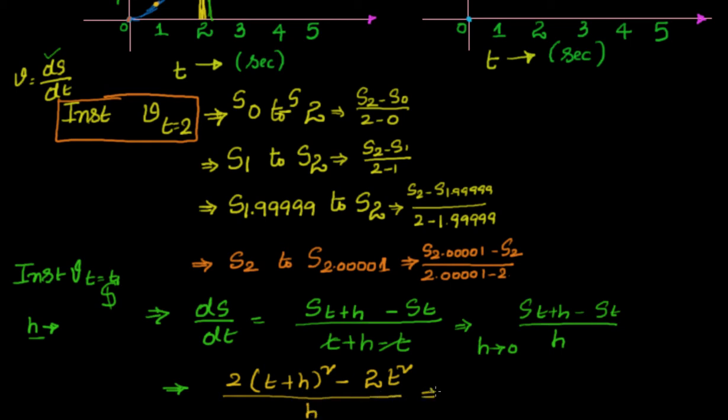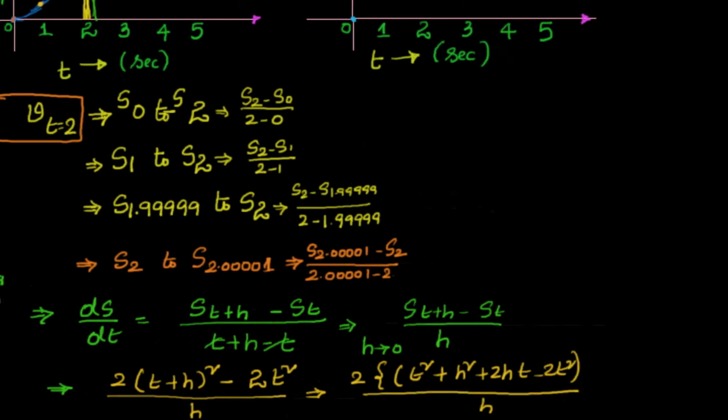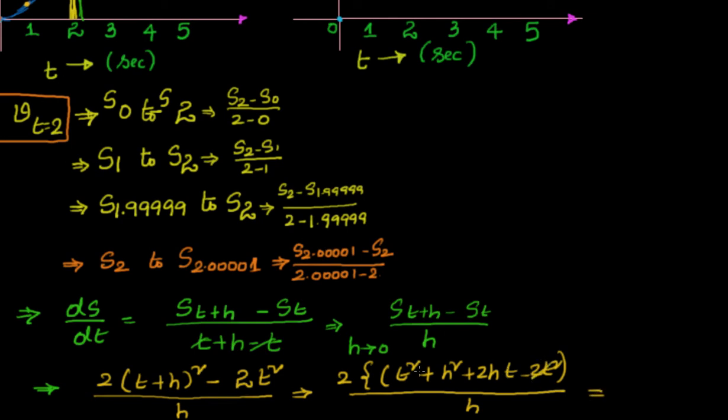Now if you simplify that, we will have 2 into (t square plus h square plus 2ht) minus 2t square, divided by h. With 2 taken out, t square cancels out.